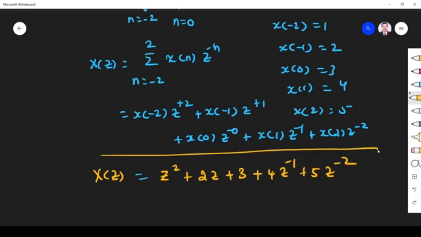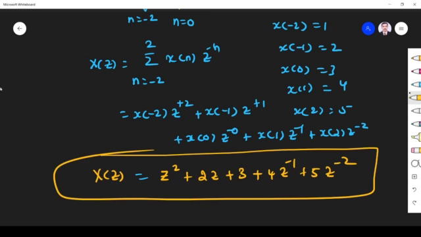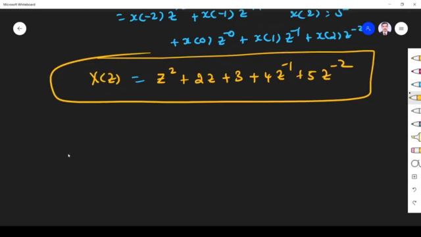Here we have to find ROC. How can we find ROC? Here you see ROC is, I told you, where the function explodes, in that location the ROC doesn't exist. So here you see this is like z square, it is like 1 by z square, this is like 1 by z. So what will happen when you substitute z0? This will become infinity. Yes or no? When you substitute z0, 1 by 0 is infinity, or 1 by 0 square infinity.